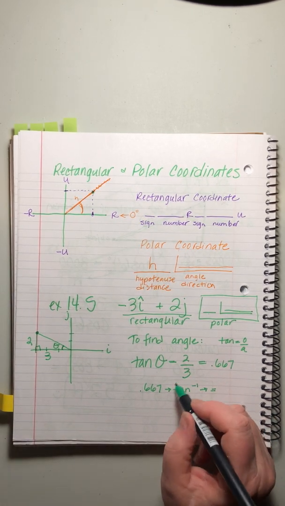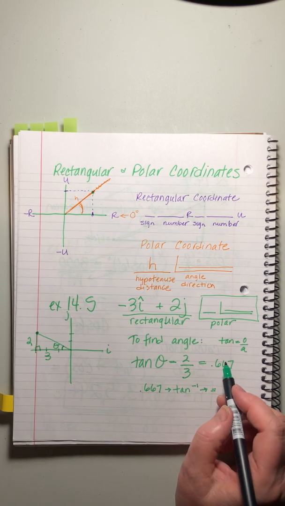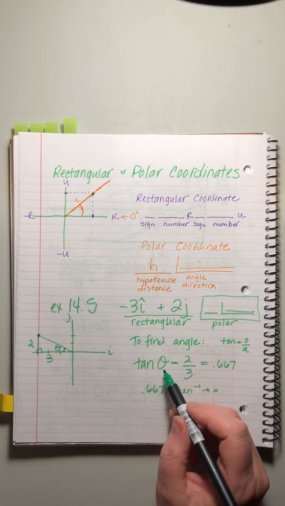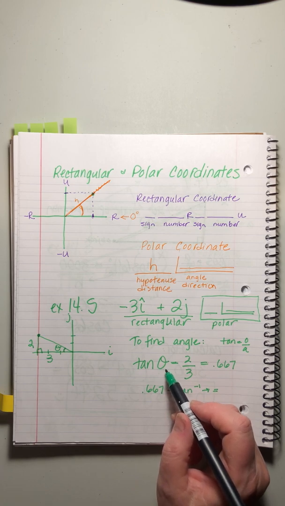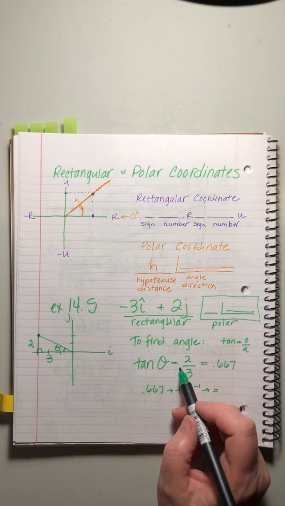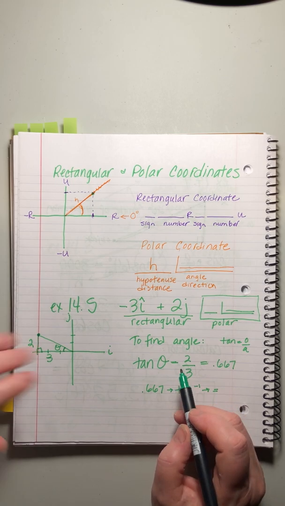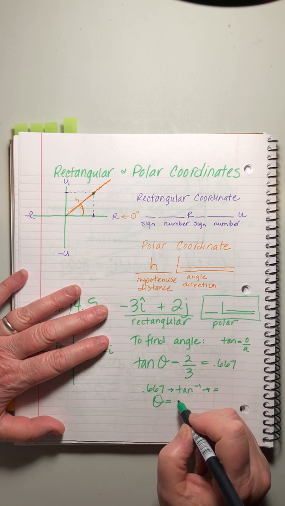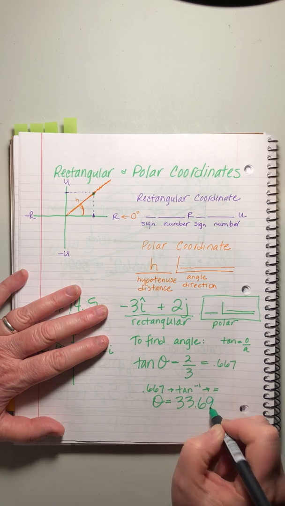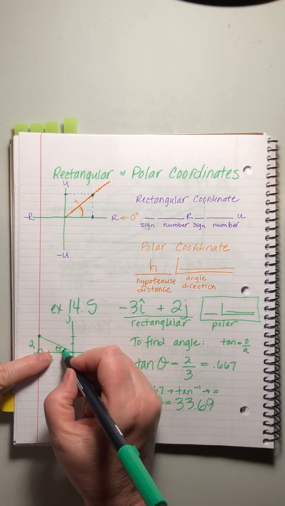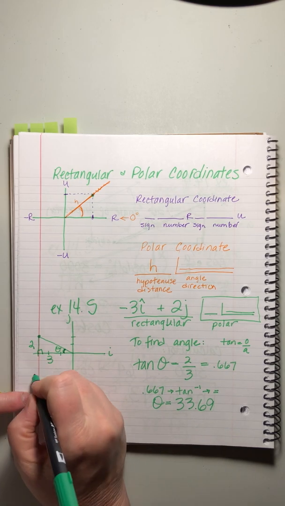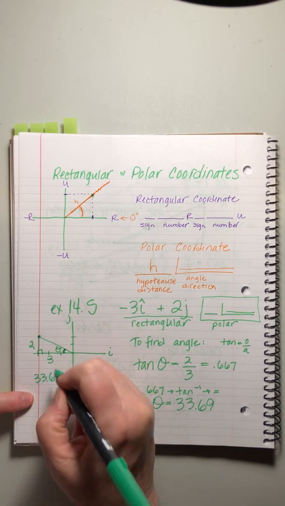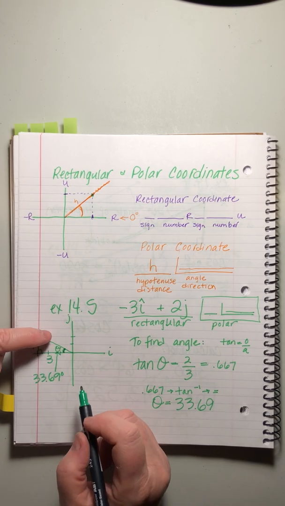But this is a case where I want my inverse tangent because I know the decimals, which came from the fraction, and I want the degrees. And what I'll find out is that theta is equal to 33.69, right? So that's the size of this angle right here, 33.69 degrees. That's that angle coming out of there.